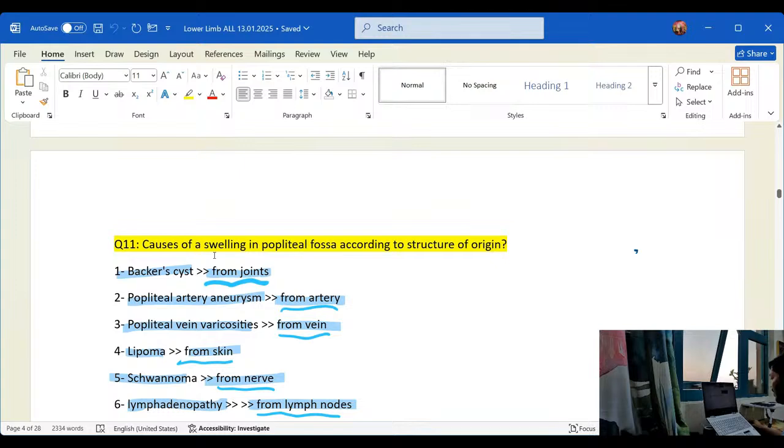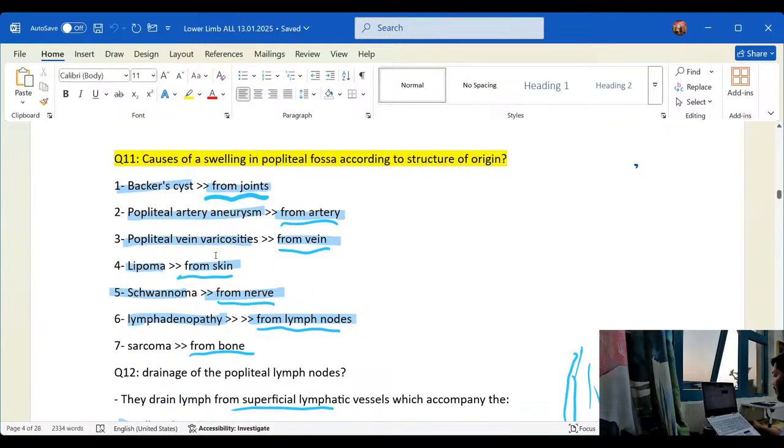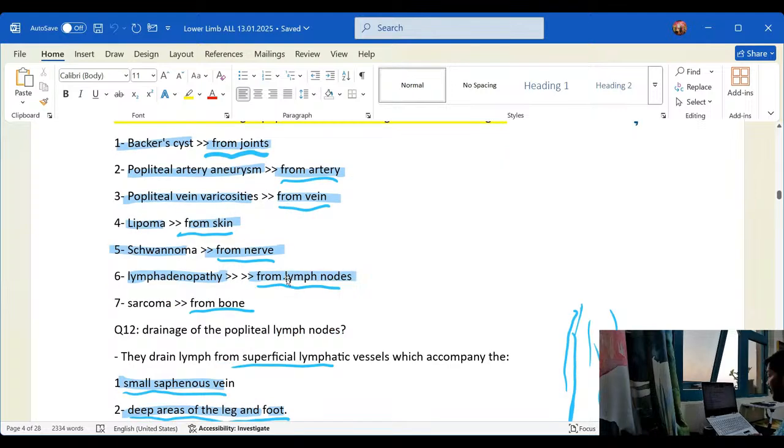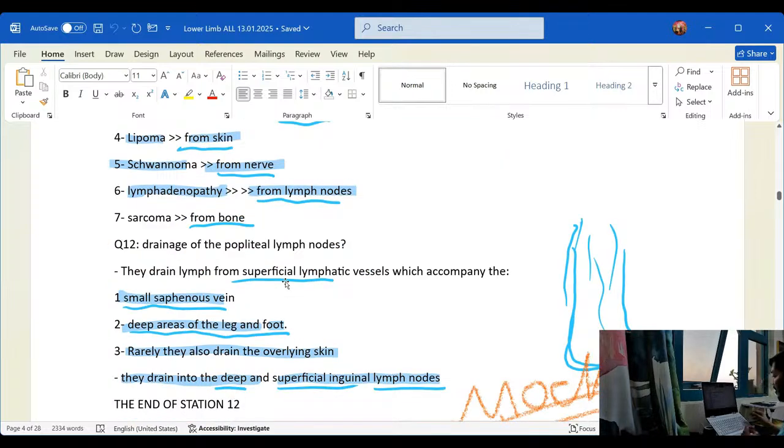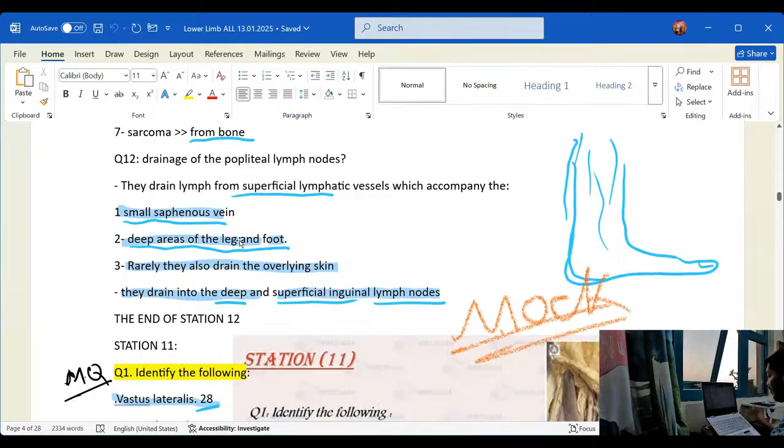Causes of swelling in the popliteal fossa: from the joint capsule, a Baker's cyst; from the artery, popliteal artery aneurysm; from the vein, varicosity; from the skin, lipoma; from the nerve, schwannoma; from the lymph node, lymphadenopathy; from the bone, sarcoma.